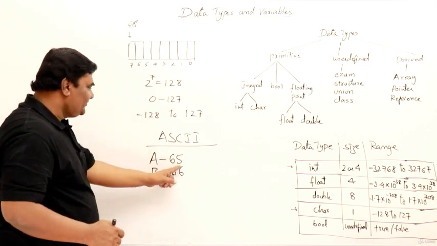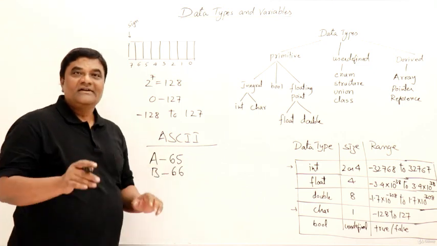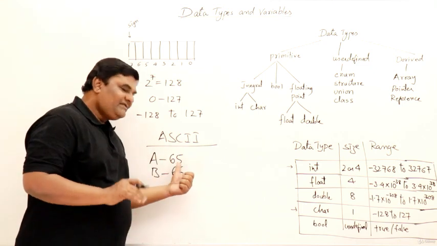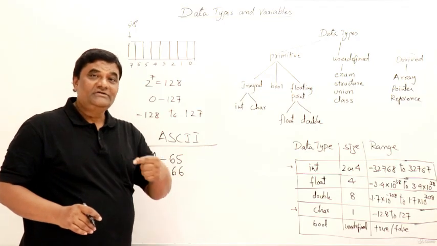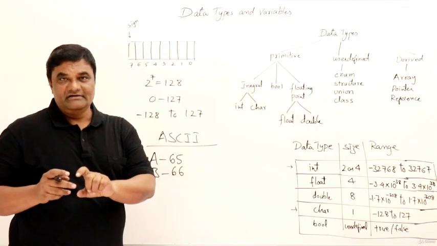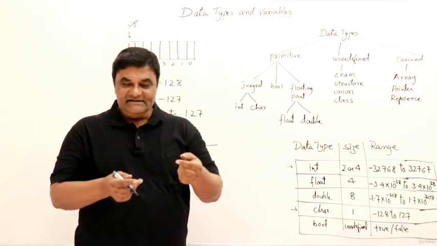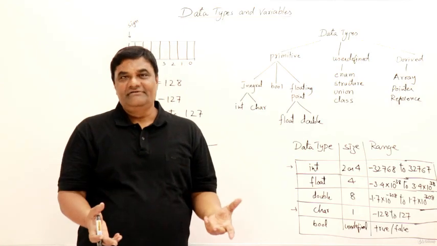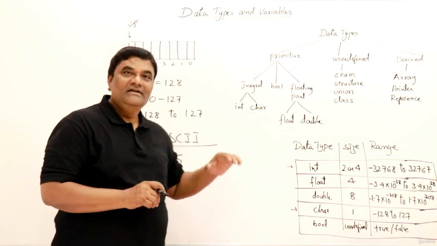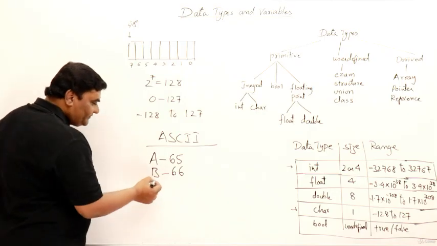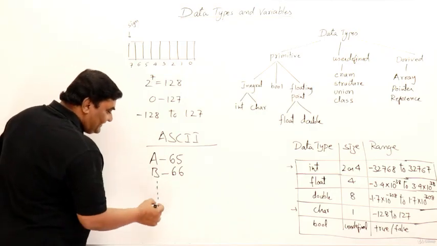So a number is used for representing character. If you see this number 65, and say that is a character, it means it is A. Only on the screen the printing will be done as A, but inside the memory it is 65, in binary form. That's how the codes are used for representing characters.